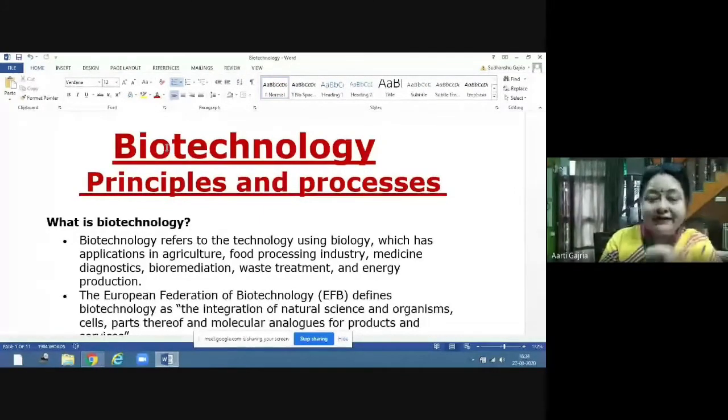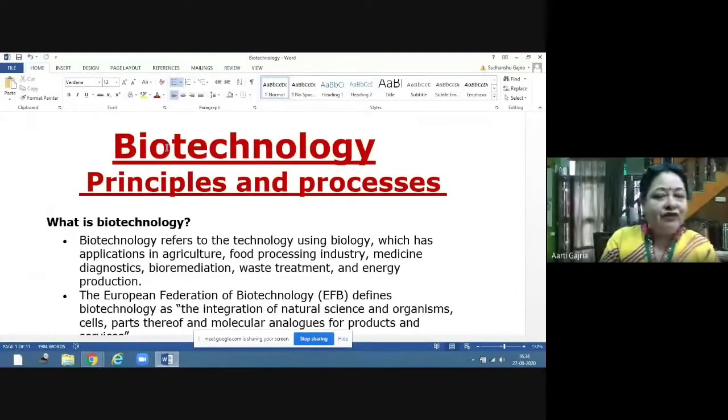But the disadvantage with that was, one, it was time consuming. Number two, there is no guarantee that with the desired quality, the undesired genes will not also come in, because we are taking the whole genome. Suppose, for example, you want a tomato which is rich in nutrients, and number two, which is resistant to disease.